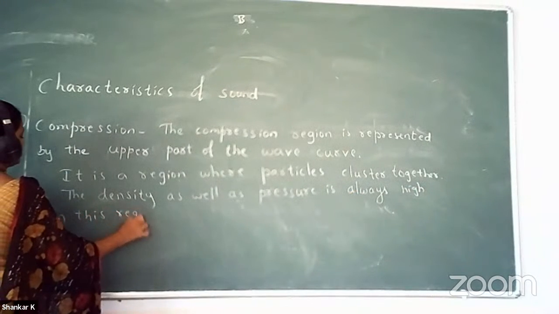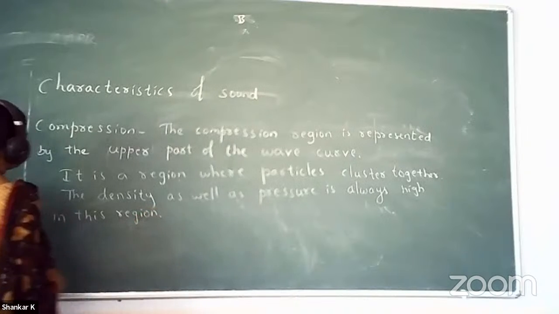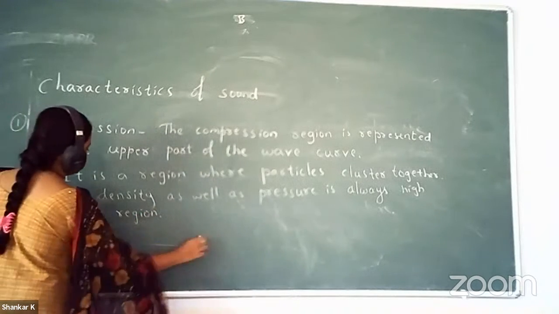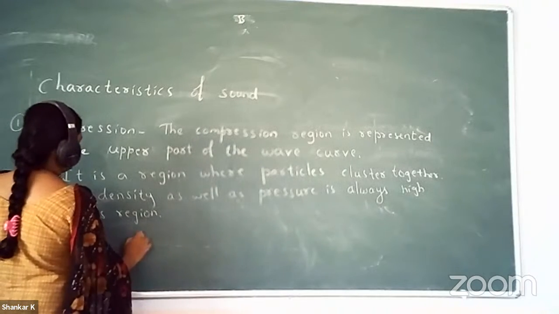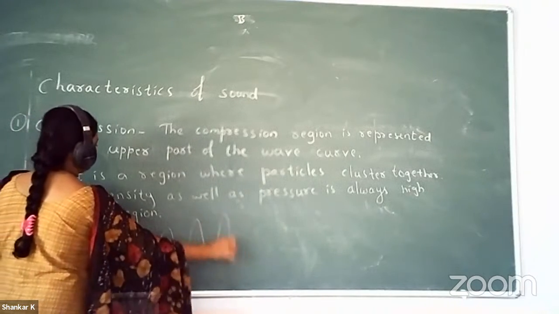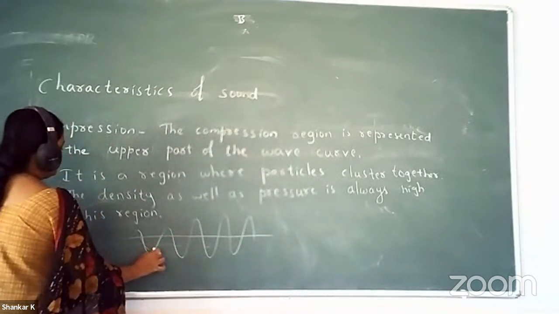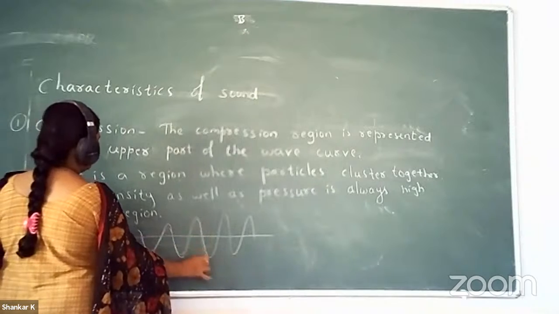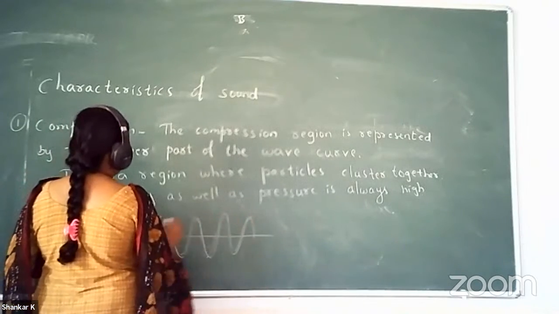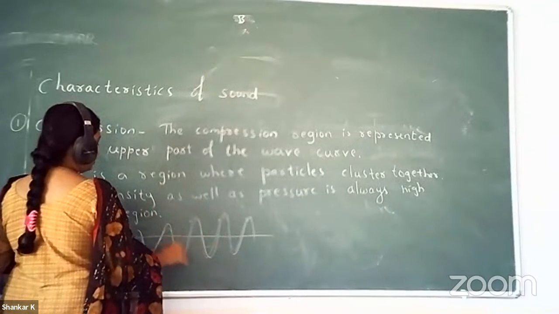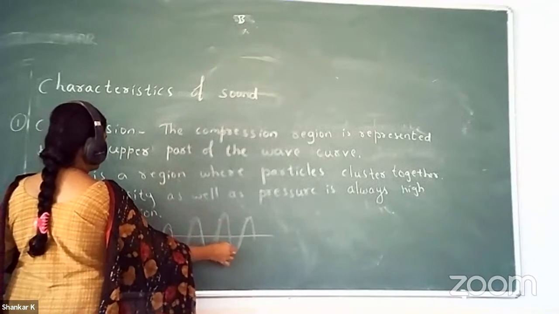So this is the compression. So you know that graph which you have. You don't draw it, I'm just telling. What it is showing now is compression, which shows the high pressure. These are the low pressures, rarefactions, we say.